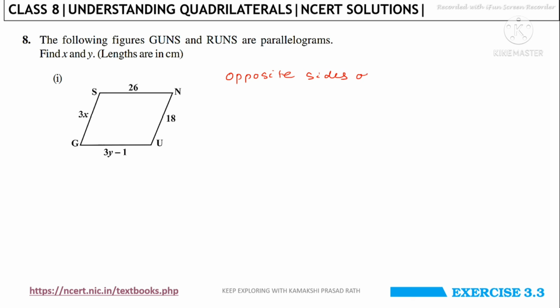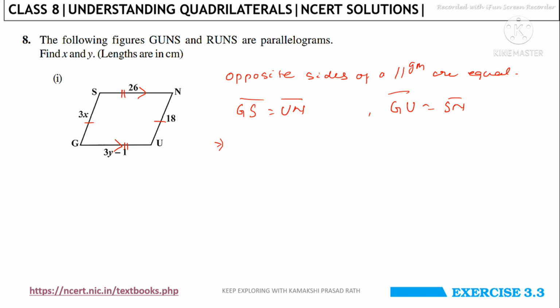Hence the opposite sides are GS equals UN, and GU equals SN. So opposite sides are equal.